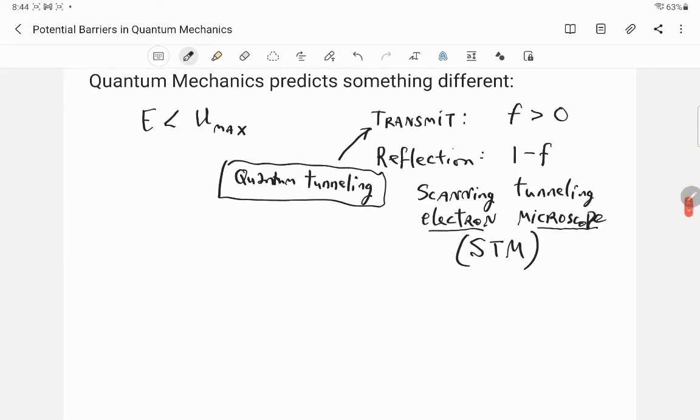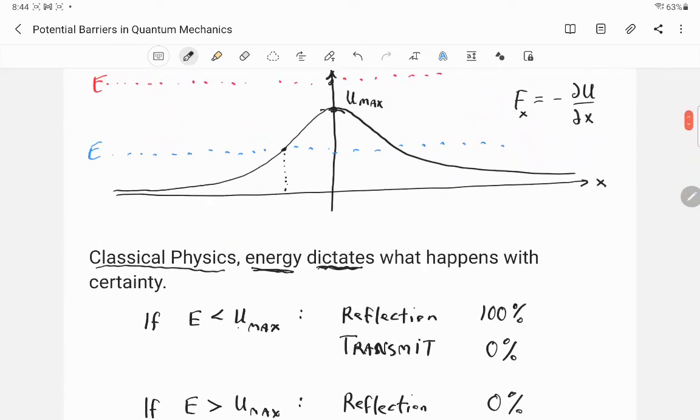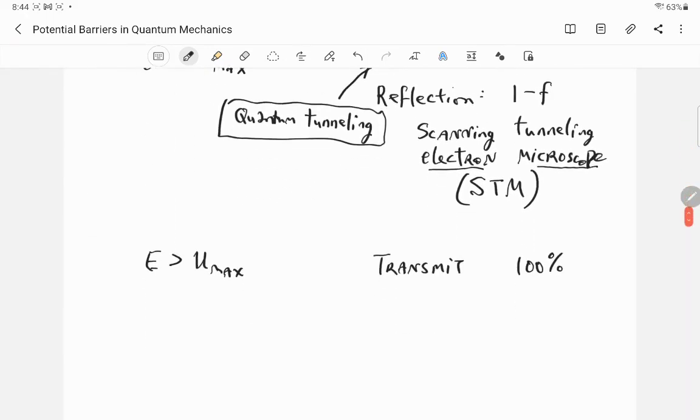What's interesting, though, is also to think about this situation where classically all the particles were hot enough to make it up and over the potential barrier. Remember that classical mechanics says that the transmission rate is going to be 100%. The particle is definitely going to go over the barrier because there was never enough potential height to block the particles from crossing over.